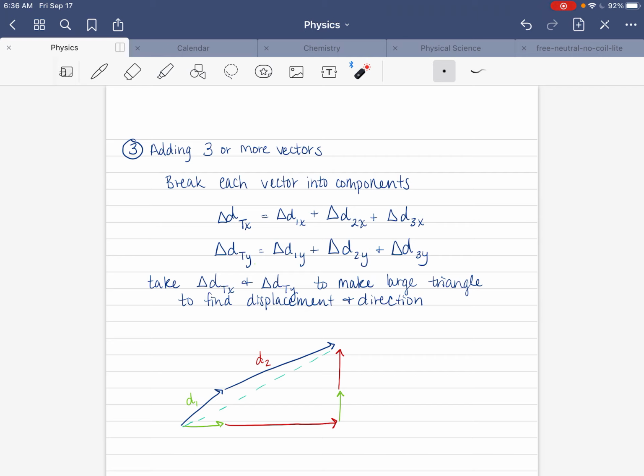So I can stack these together to create one large triangle that I can use perpendicular rules to solve. Please note too that you can use this method of breaking up the vector components for the previous video as well. Whenever we have non-perpendicular vectors, as you can see here, I only have 2, and the method still works for that.